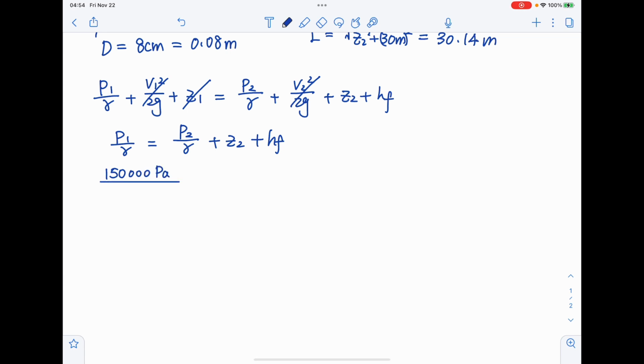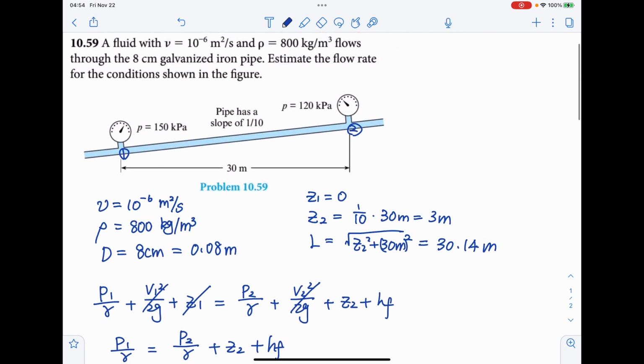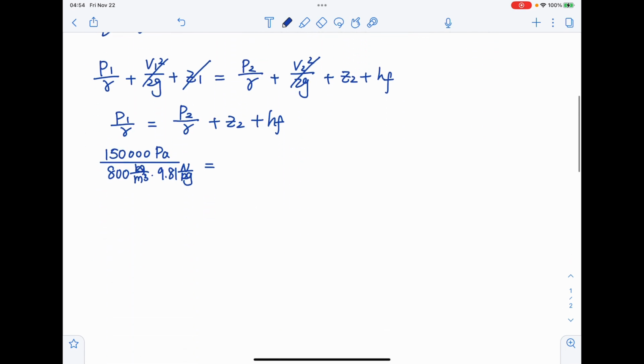And gamma, which should be rho times g, is 800 kilograms per cubic meter times 9.81. The other pressure is 120,000 pascal, which should also be divided by rho times g.